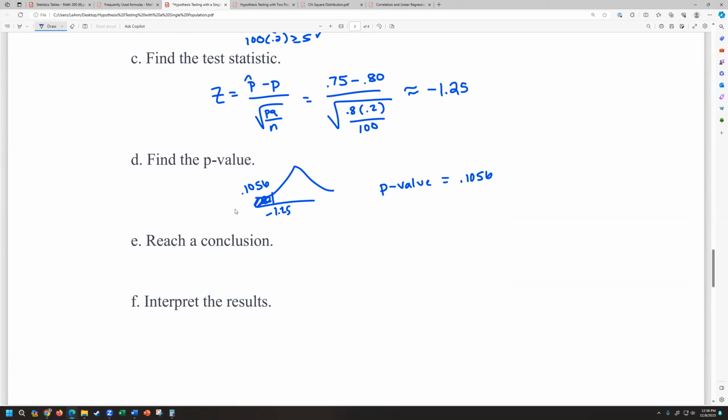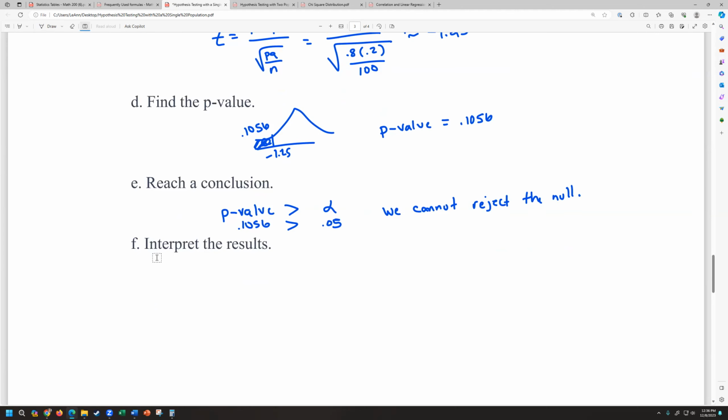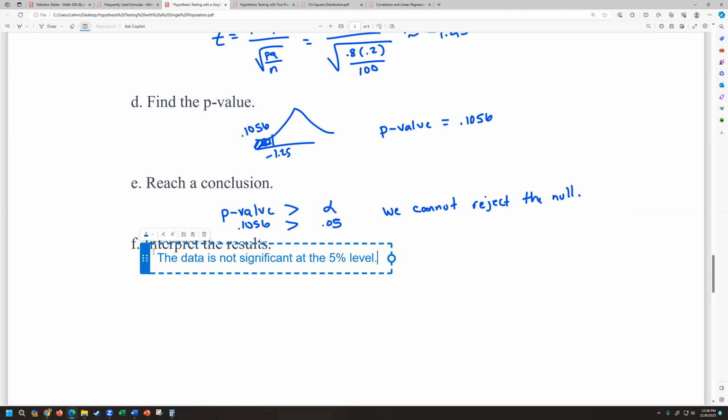So our conclusion: if our p-value is less than alpha, we can reject the null, but our p-value of 0.1056, our alpha is 0.05, that is not less than, it's greater than. So we cannot reject the null. So that means if we do our interpretation, let's type this up: the data is not significant at the 5%, or you can put 0.05, level.